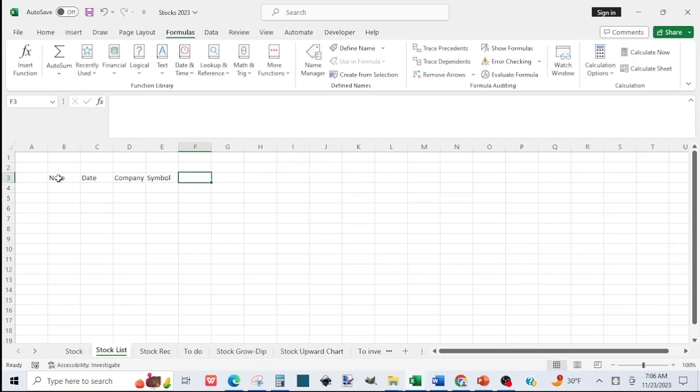The next column will be the market that stock is sold on. And you can even make some note for yourself, like avoid only NASDAQ.